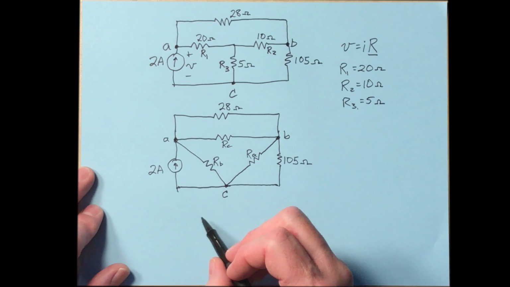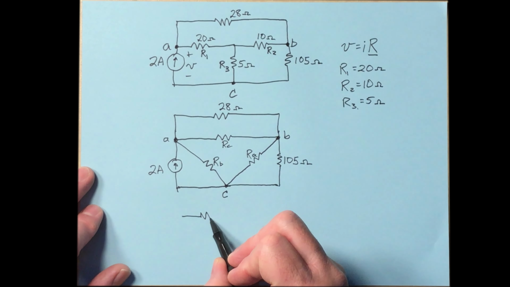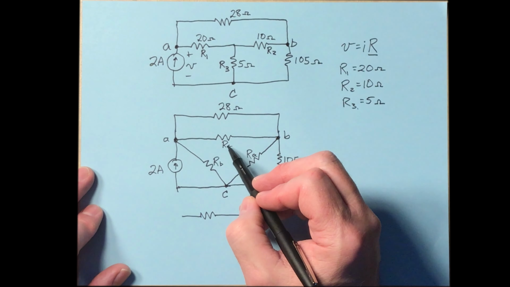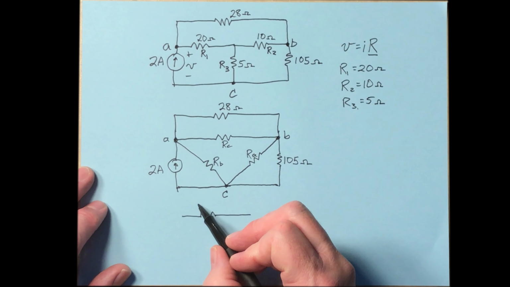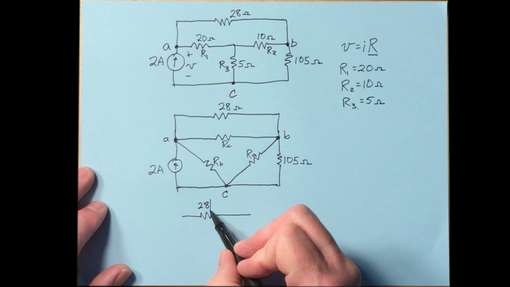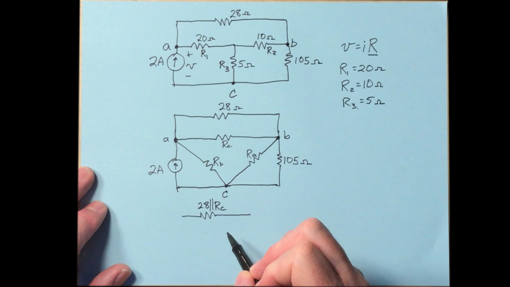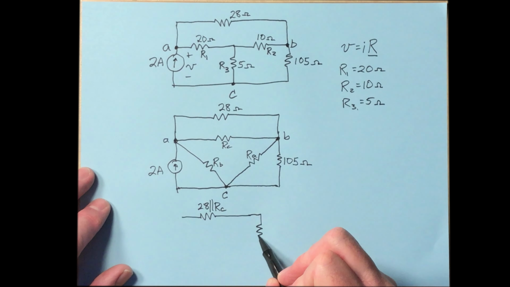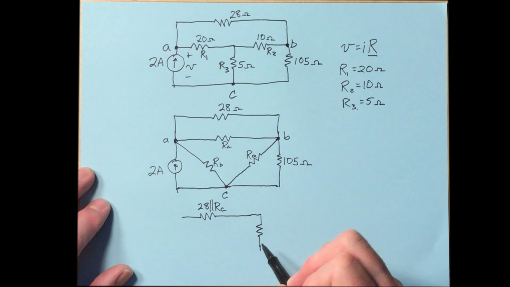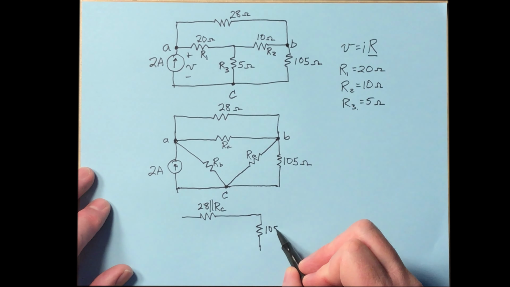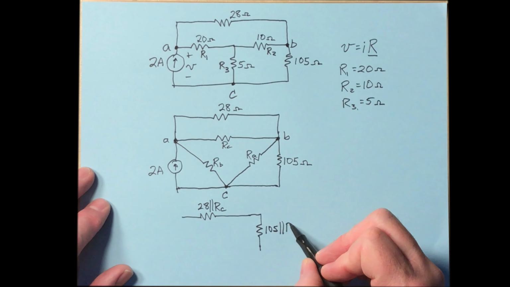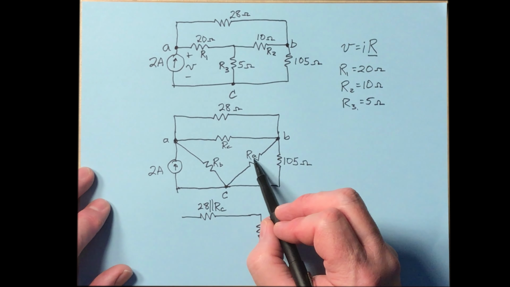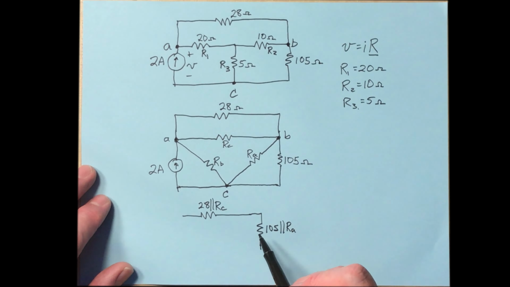When we combine those, we're going to have a resistor that is the combined 28 and R sub C. Let's write that this way, 28 parallel R sub C. And then over here is the 105, I'm sorry, the 105 that's in parallel with R sub A. So it's not 105 alone, it's this combination here. That's this resistor.